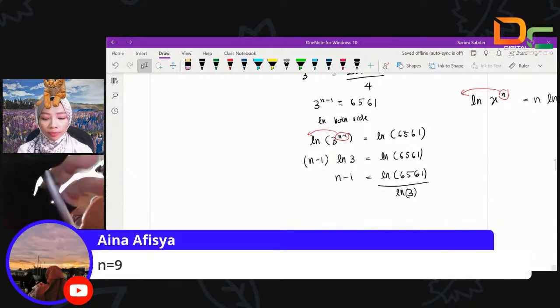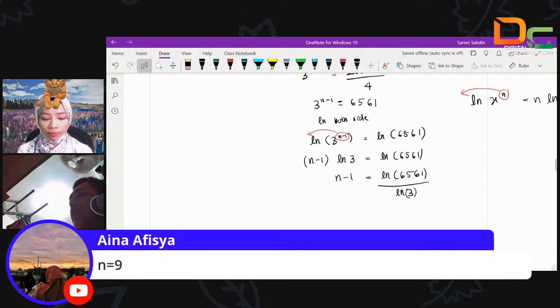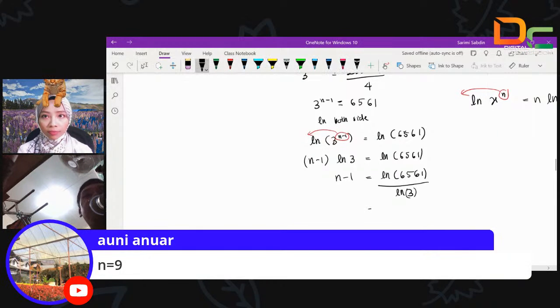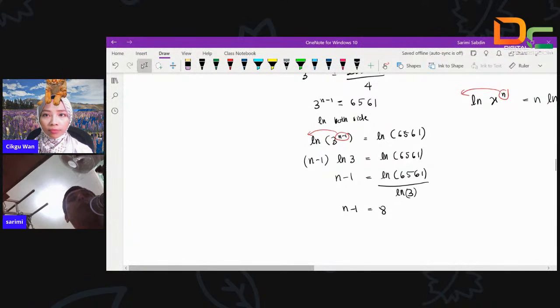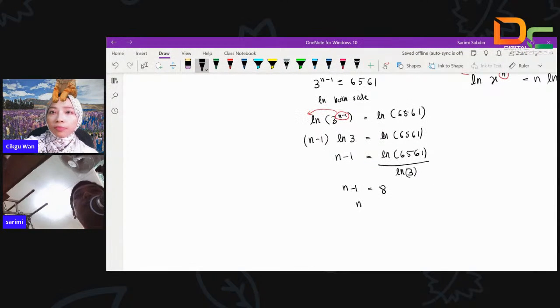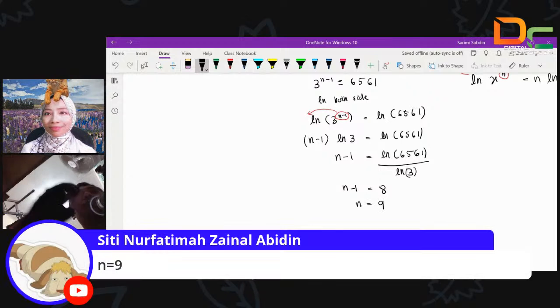Alright, you can calculate this using your calculator. So you will get 8. The answer is 8. So n minus 1 is 8, so n is equal to 9.